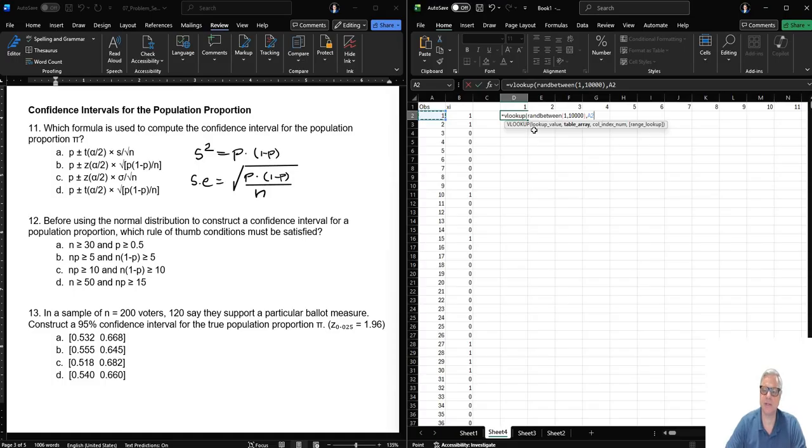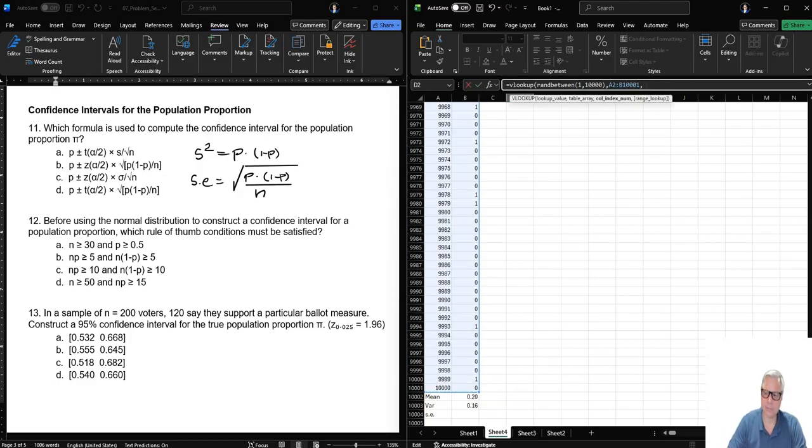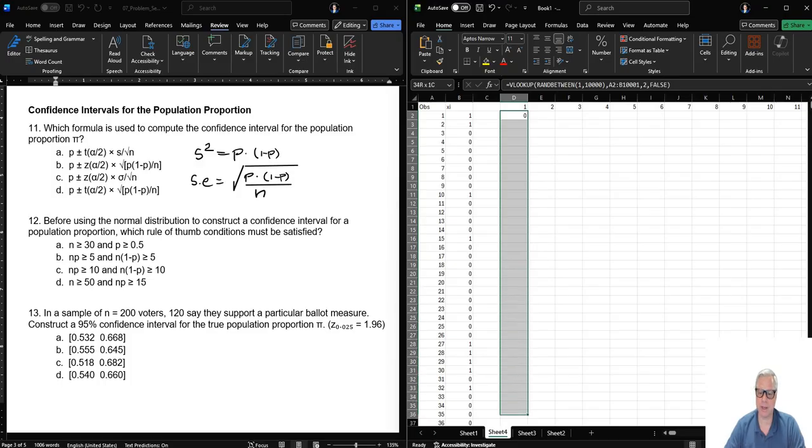So in my case that is from A2 to B10,001. And then if Excel finds that random number in the first column, I want the second column, so comma 2. Otherwise it is false, meaning don't look for something similar. Okay, so now my first observation is a 0, and now I copy down that formula 100 times.